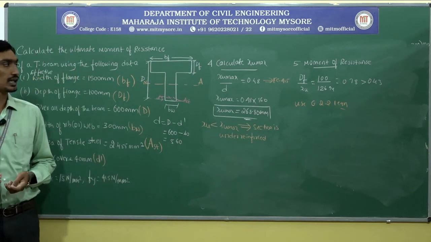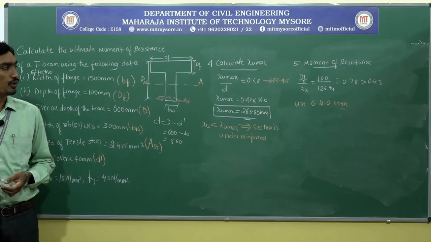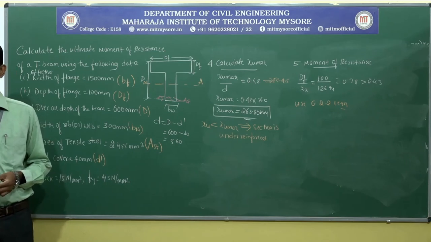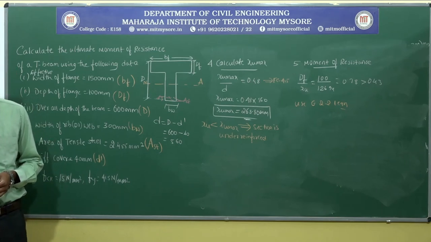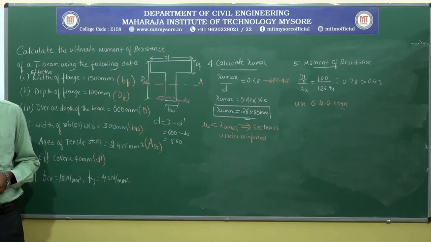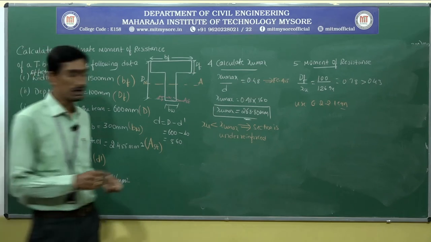If it is lesser than or equal to 0.43, then we would have used the equation of G 2.2, page 96 of IS 456. Okay, so you can refer to that.